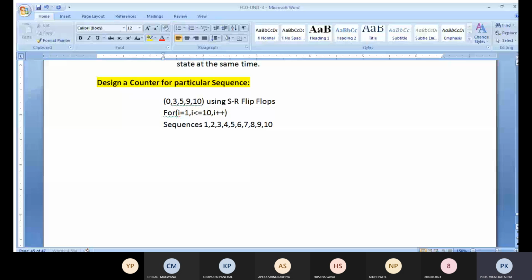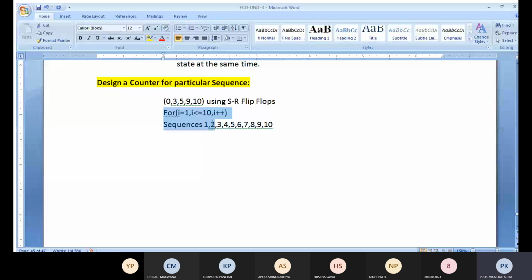For every value, it performs something, whatever body is contained in the for loop, it executes the body of the for loop. It should start with 1 and terminate at 10. That is done by the counter. So we are going to design a counter which generates that particular sequence.